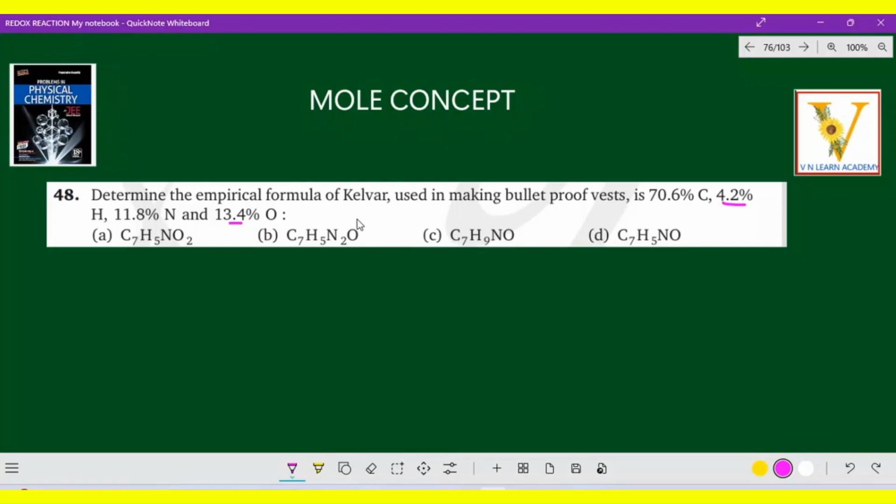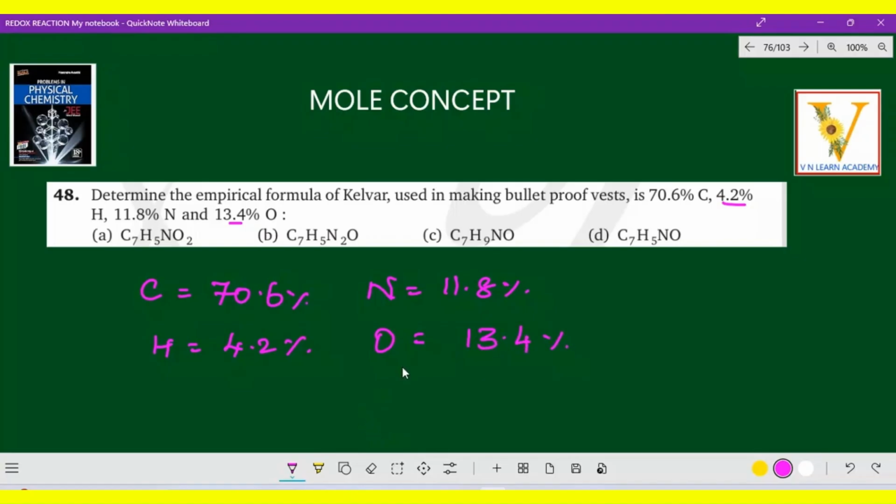For example, benzene is C6H6; the empirical formula of benzene is CH. In that way. Come on, let us write the data. Carbon is 70.6%, hydrogen is 4.2%, nitrogen is 11.8%, and oxygen is 13.4%.